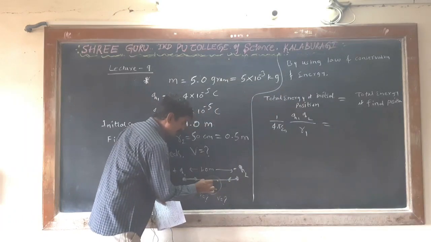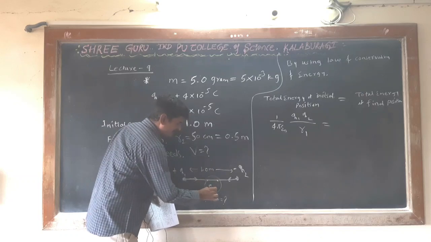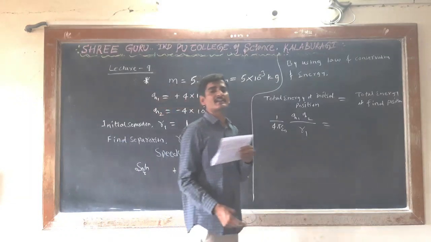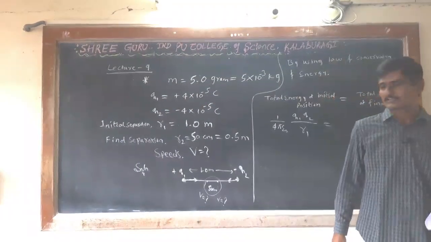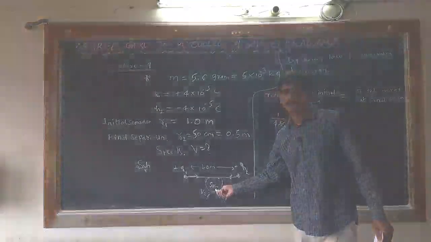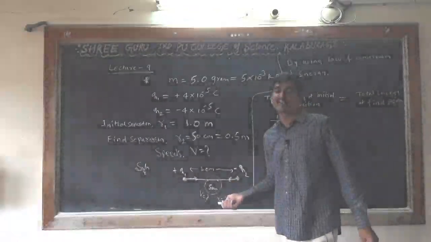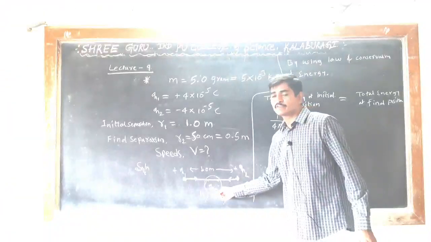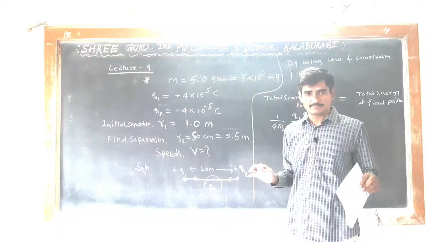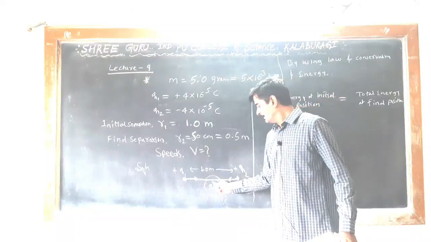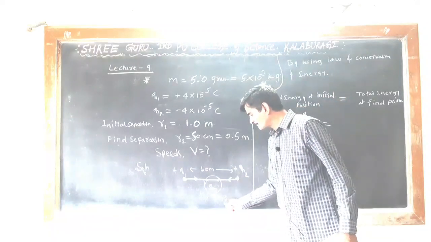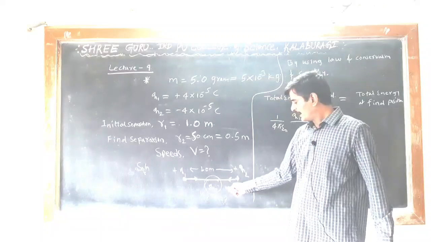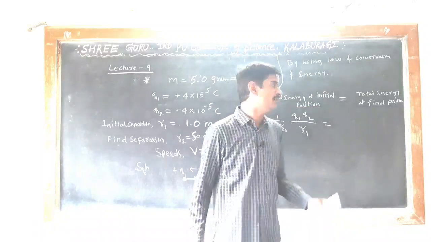And total energy at final position. When the distance between them is 50 centimeter, they will have kinetic energy as well as potential energy. Remember that at the distance of 50 centimeter, they have not stopped. At this position, they are asking for the speed. Understood? Hence, they will have both kinetic energy and potential energy.